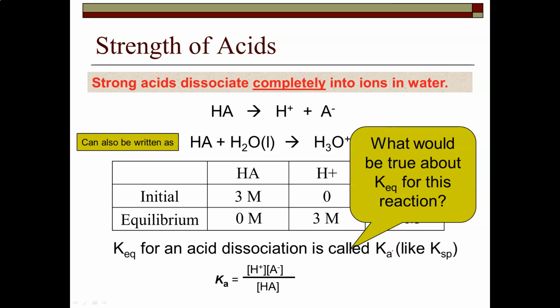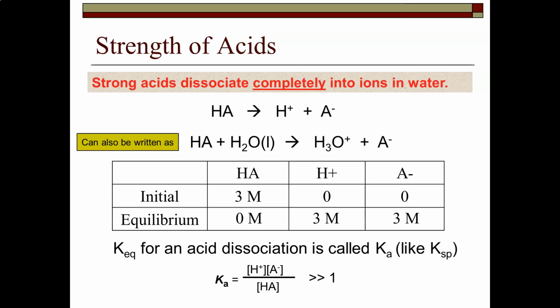Ka is the concentration of H plus times A minus over HA. For a reaction like this, you have to think about what would be true. This is a reaction that goes completely to the right. If a reaction lies basically 100% to the right, we know that our Ka value should be really big and way greater than 1. So that is for a strong acid.